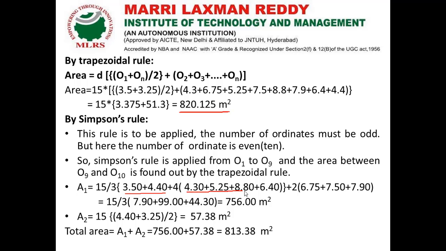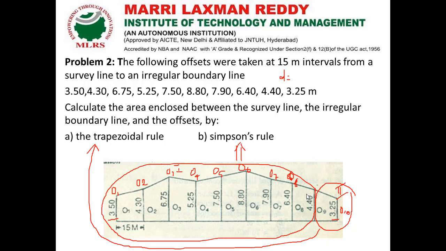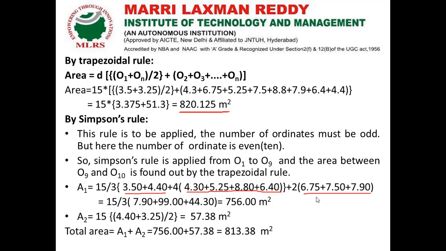These are all the 4 into even ordinates, plus 2 into remaining odd ordinates: O3, that is 6.75, plus O5, 7.50, plus O7, 7.90. By doing the calculation we are getting the answer of 756 meters square.